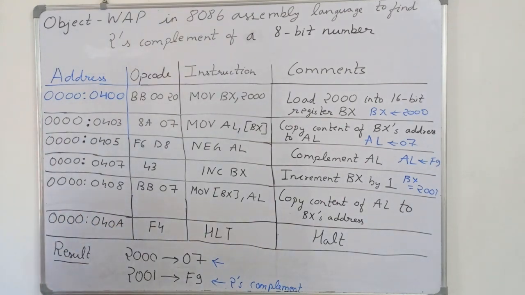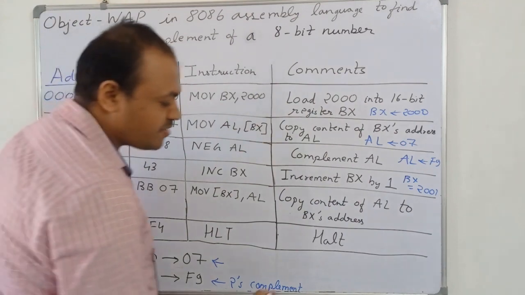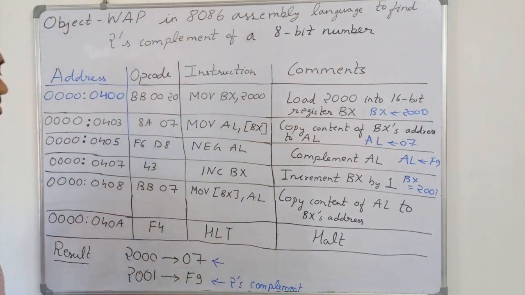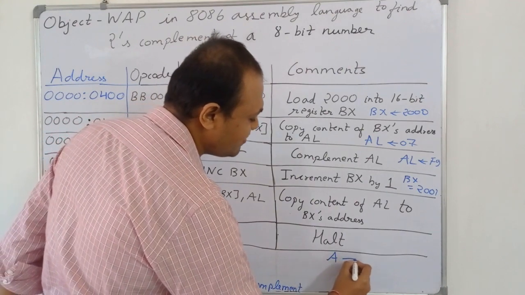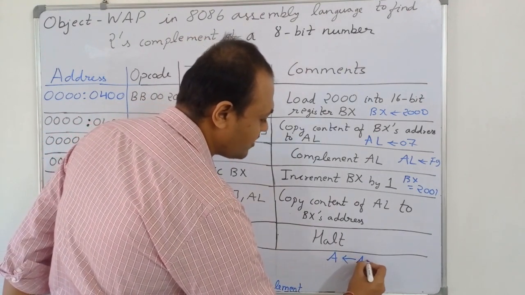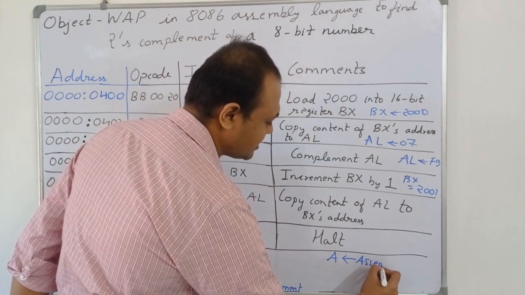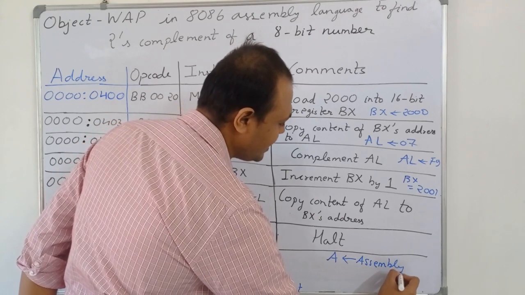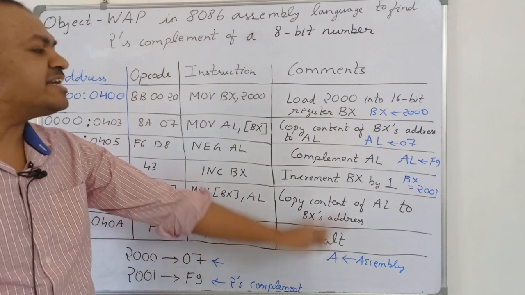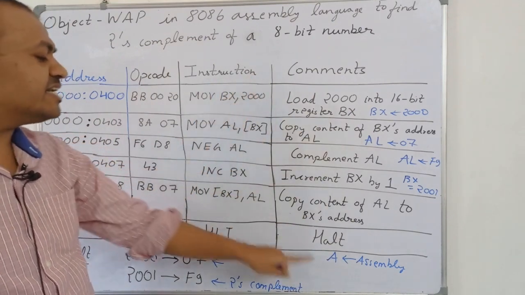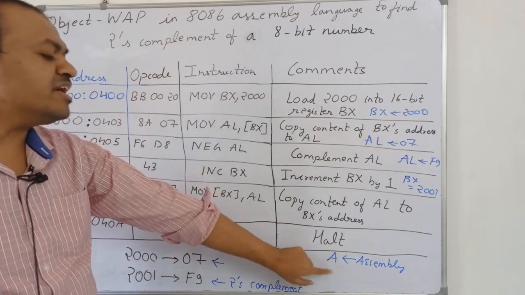So now we will go to the kit. First I want to tell you some keywords for the kit. For assembly we will use the A button of our 8086 microprocessor. A means assembly, so when we have to enter the program onto the 8086 kit, we will press the A button of the keyboard.